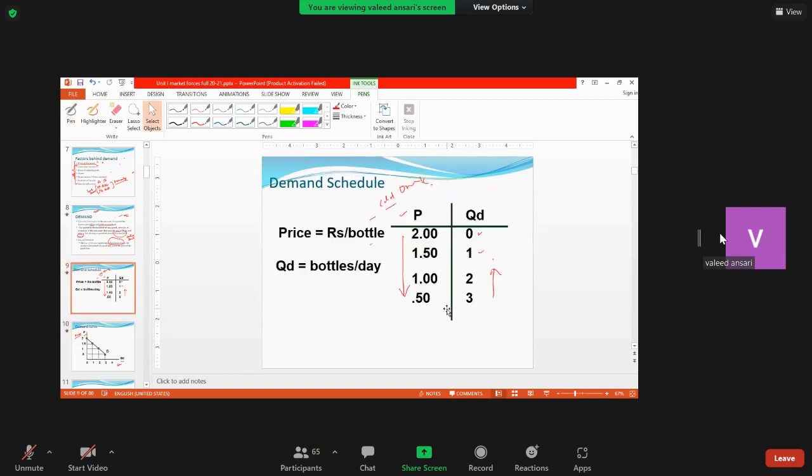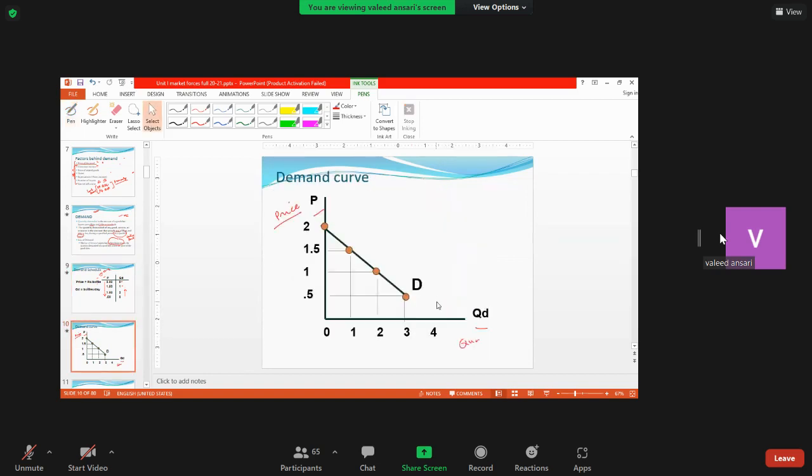For example, we pick up the first point, 2. Here, when price is 2, nothing will be demanded. This is the first point. The other is, when price is 1, 1 unit is demanded. In this way, we plot the points, and we draw a line, and this line is downward sloping.